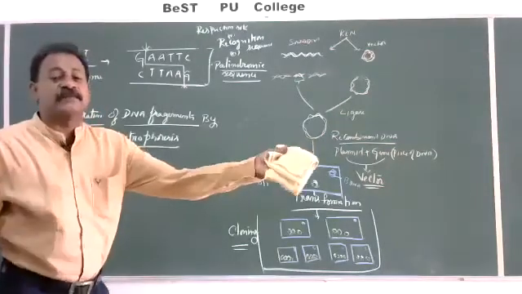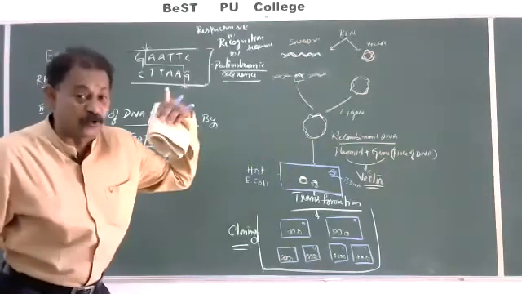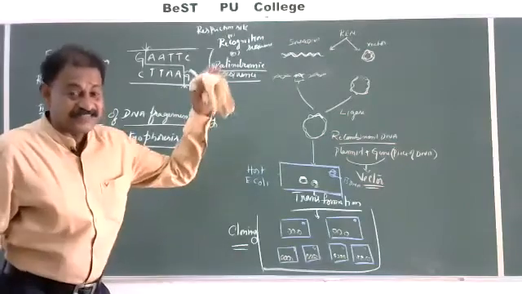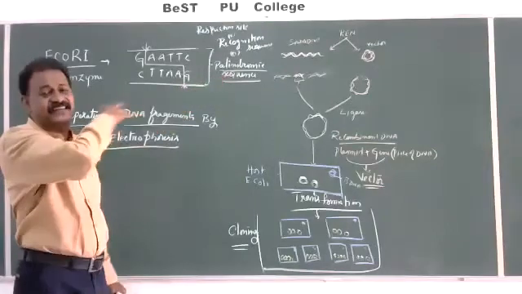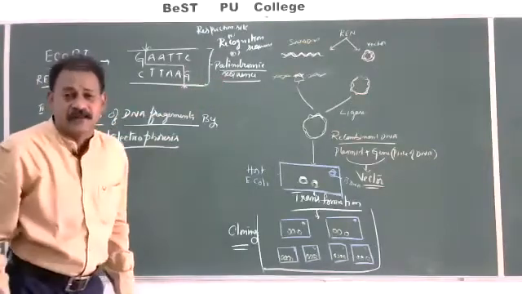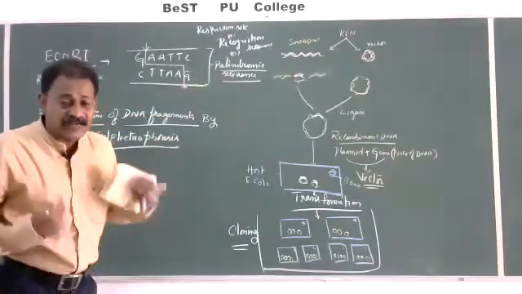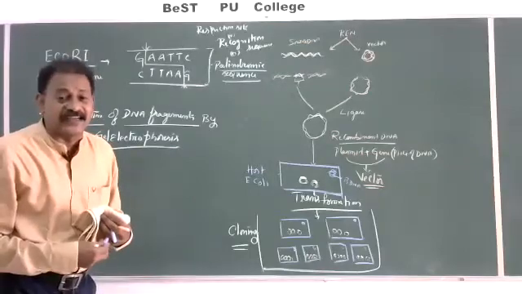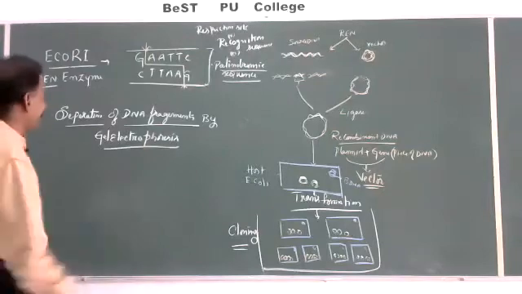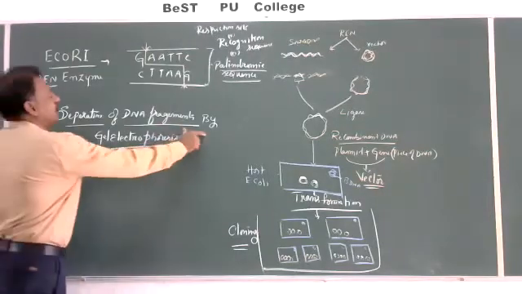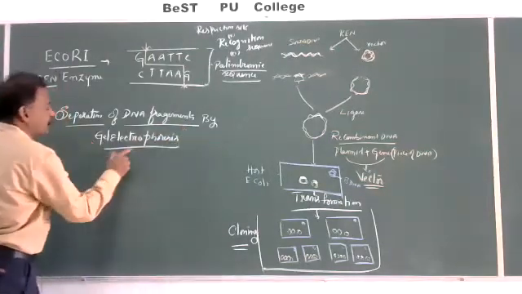And pieces, fragments may be of various lengths, what we have studied in Human Genome Project. Mini satellites, micro satellites. So various pieces of DNA are available. Now, we want to identify and take a particular gene fragment. To identify, separation of DNA fragments is necessary in gel electrophoresis.